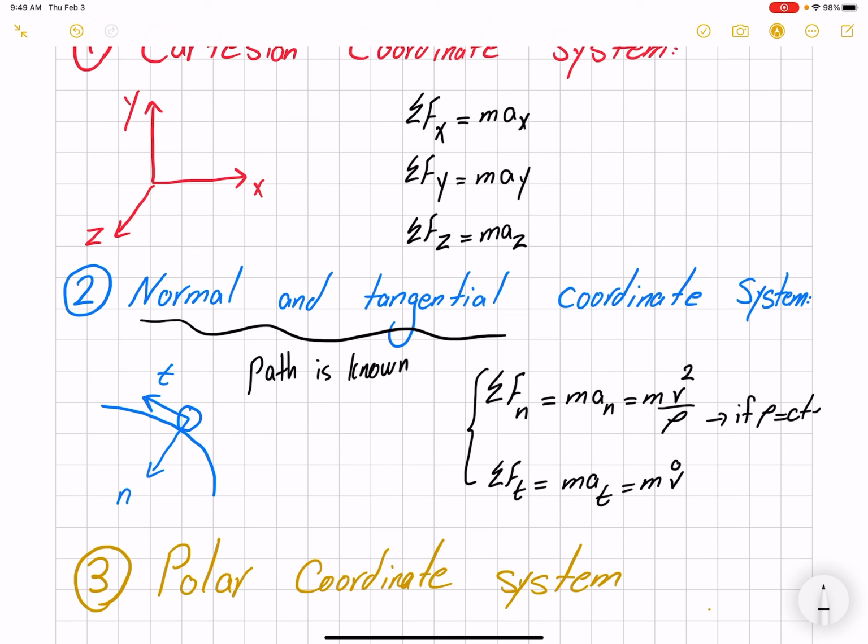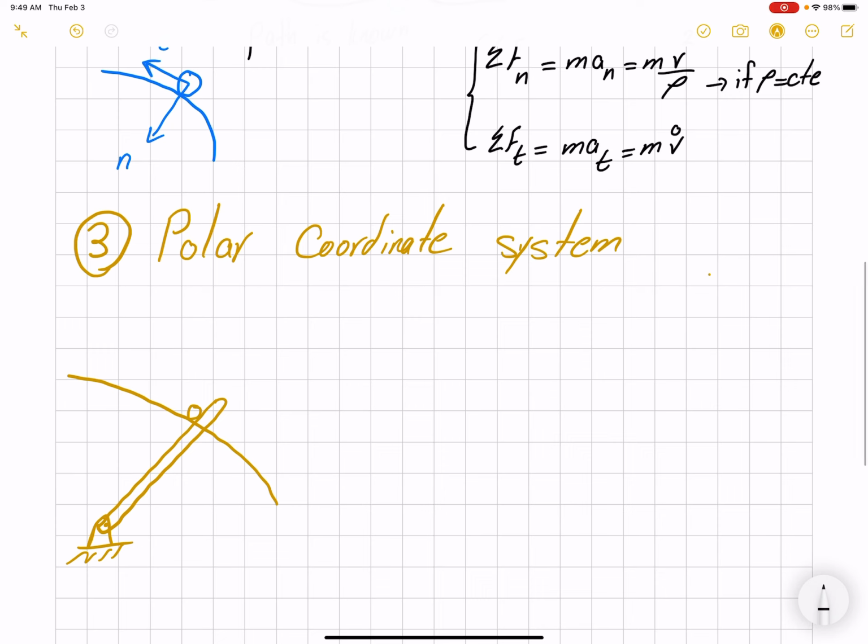The other coordinate system is the polar coordinate system, so it's more general. And for this particle, if I want to write the coordinates, I have r and theta. Remember that theta is not tangent to the path because r is not perpendicular to the path, so it's very general. So we have summation of forces in r will give us m a_r.